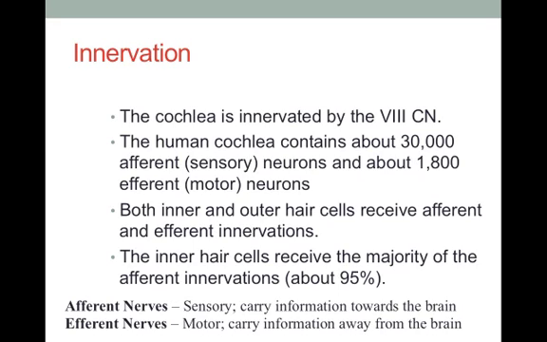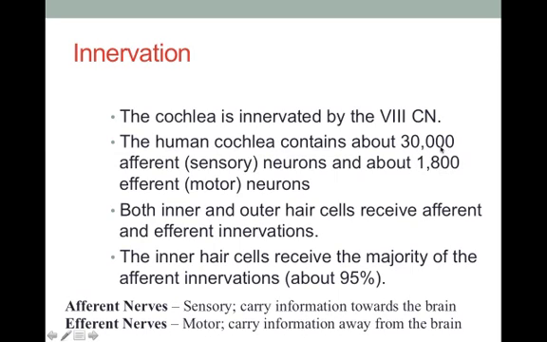But what was surprising is when anatomists discovered there's actually a small set of efferent nerves, or motor nerves, that bring information to the inner ear. While we have a majority of afferent, or sensory, nerves, about 30,000, there's a small subset of efferent nerves, about 1,800.